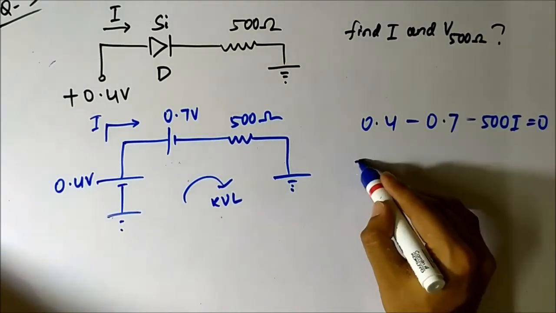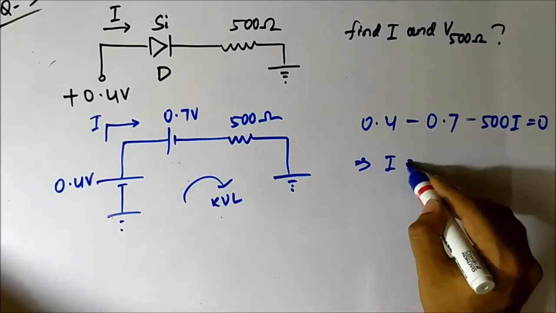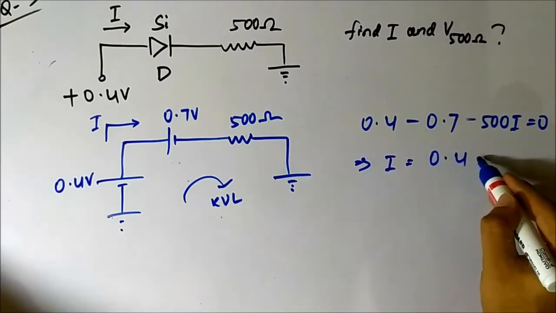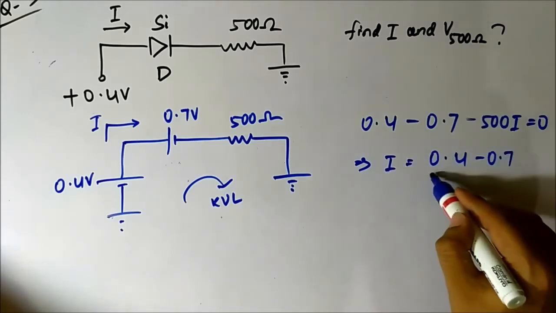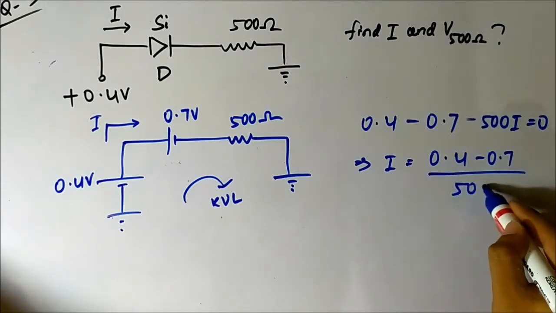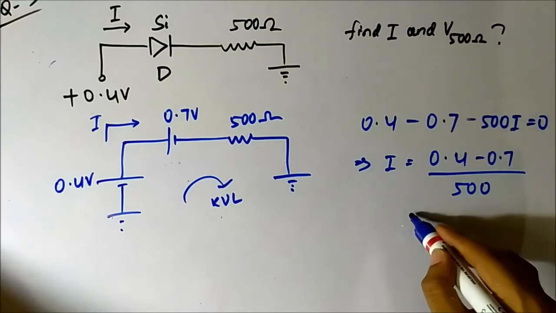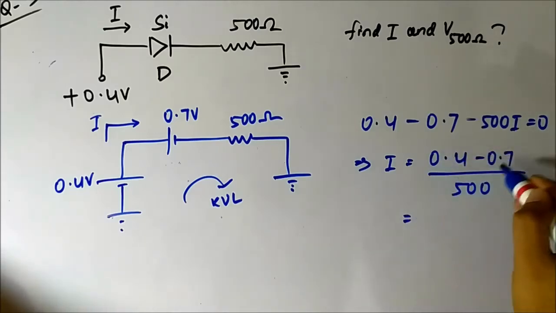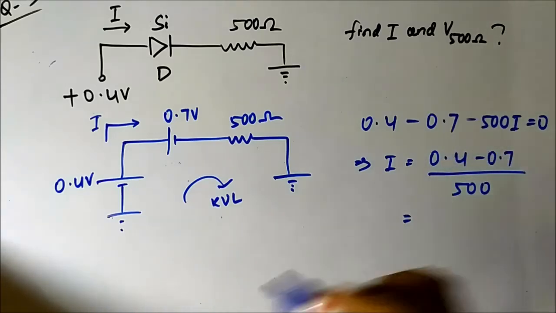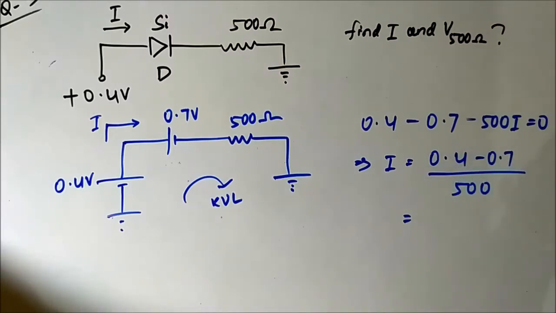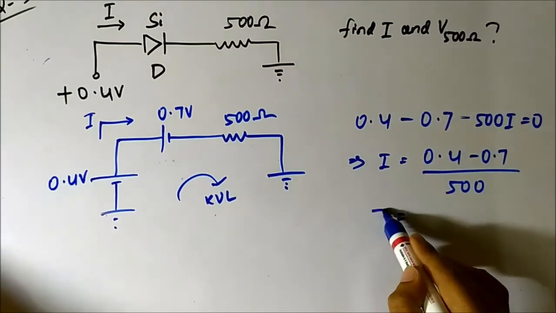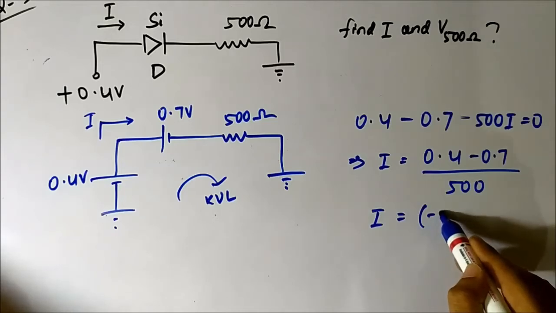That implies I is equal to (0.4 minus 0.7) by 500. Now, there is no need to proceed any further. This numerator will be negative. 0.4 is lesser than 0.7. So this value of current will be negative.